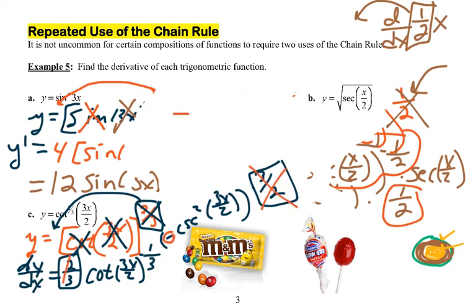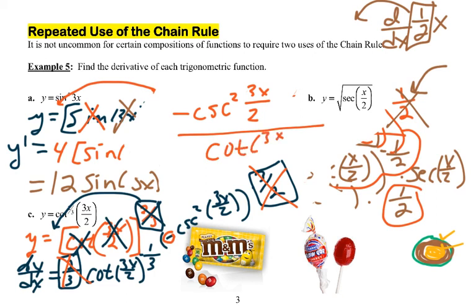The cosecant squared can stay on the top. The negative 1/3 for the cotangent is going to throw it down on the bottom. You can write it to the 1/3, but I like it in the original form.